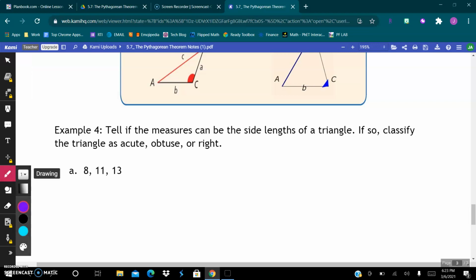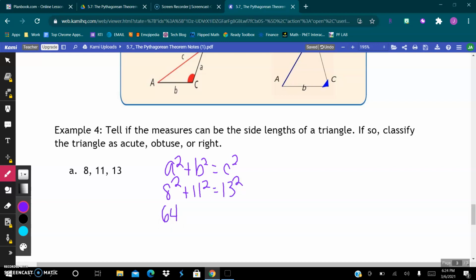So we are going to plug them into our formula of a squared plus b squared equals c squared. So the 2 smaller sides are going to be your a and b. 8 squared is 64. 11 squared is 121.